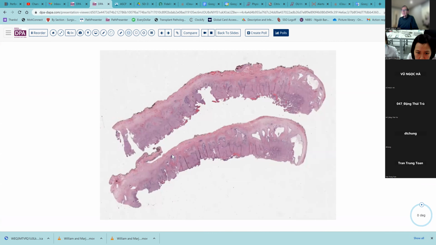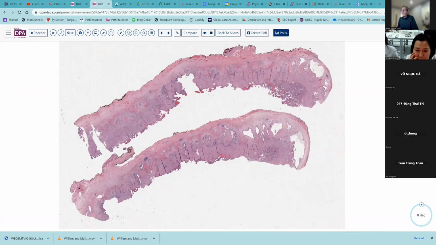So here at low magnification, I think you can appreciate that this is thickening the wall, and we see glandular structures along with this. We see the serosal reaction. And here we even see dilated glands out outside the muscularis.